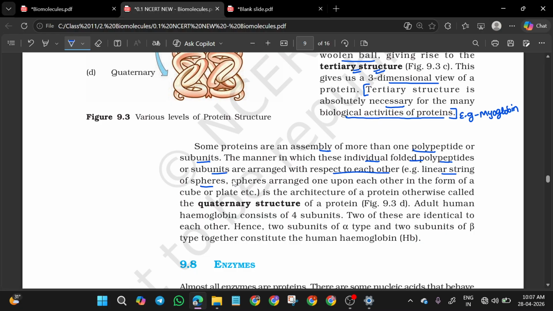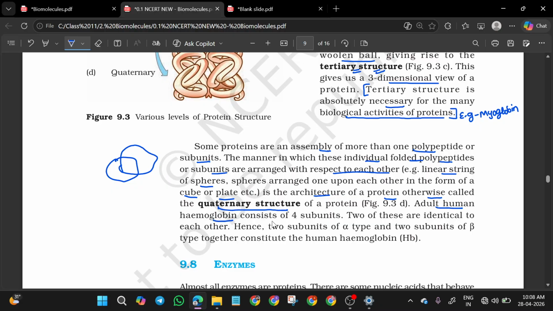Spheres மாதிரி இருக்கலாம், இல்ல spheres arranged upon one another, ஒரு sphereக்கு மேல இன்னொரு sphere இருக்கலாம், இல்ல in the form of a cube or plate, அந்த மாதிரி different organizationல arrange ஆகலாம்னு சொல்றாங்க. அது ரொம்ப குழப்பிக்காதீங்க. That is the architecture of a protein, otherwise called quaternary structure.